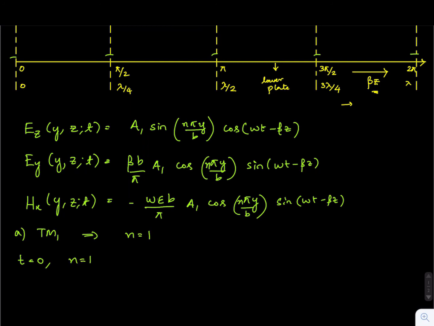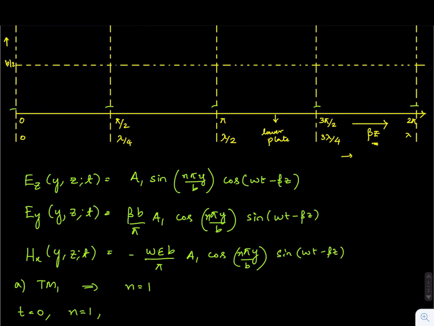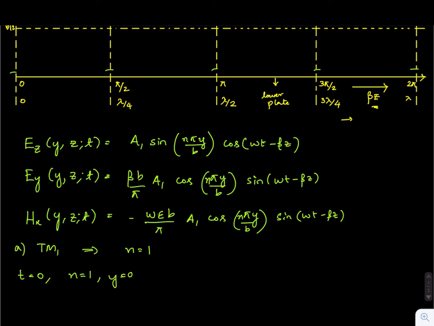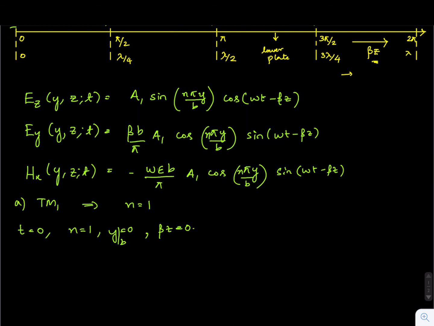Then we'll first see what happens at y equals 0, so y by b is equal to 0, and beta z is equal to 0. Practically, all that you're trying to do is solve these three equations.